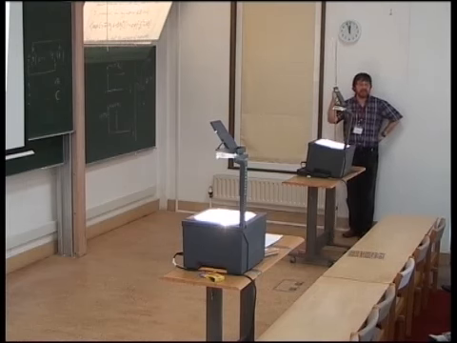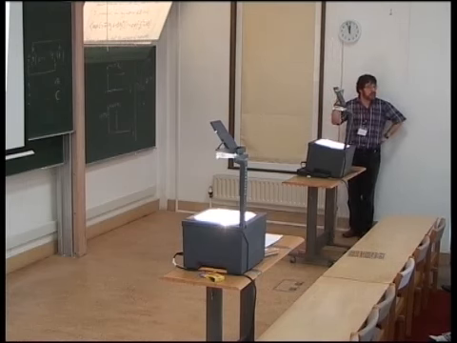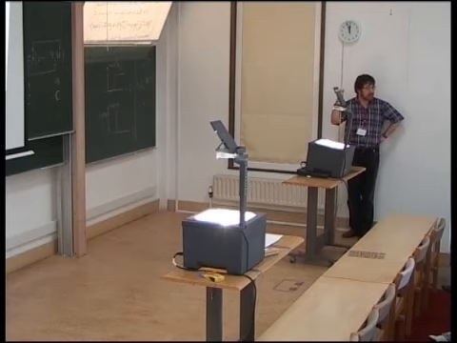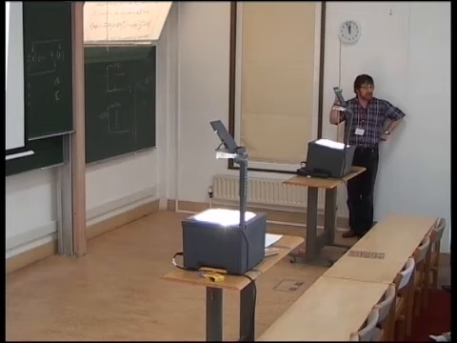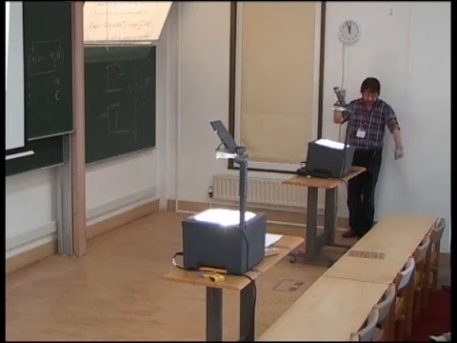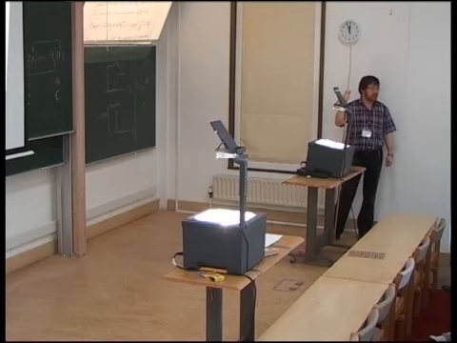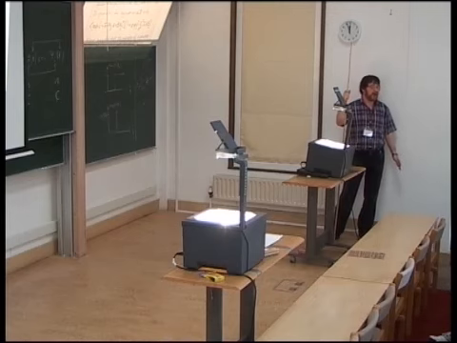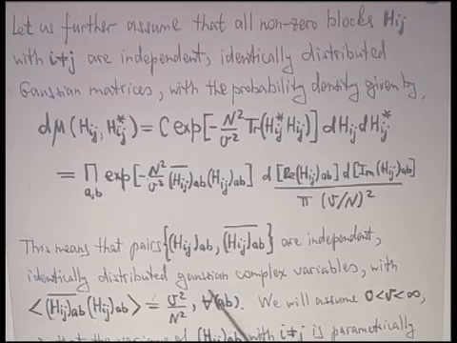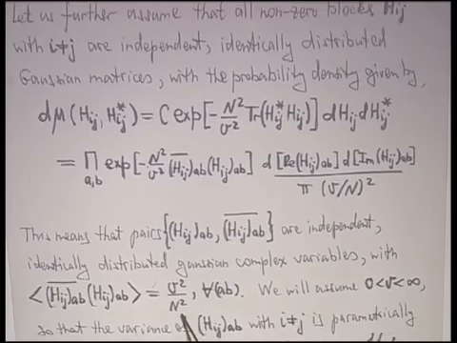I hope you remember, if not, I just recall to you, that the typical variance of an entry of a GUE matrix is 1 over n. If you take a given entry H_ij of a GUE matrix, multiply it with its complex conjugate, and evaluate the expectation value, it's 1 over n.